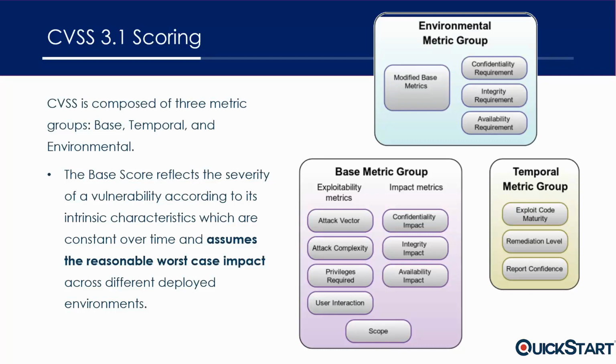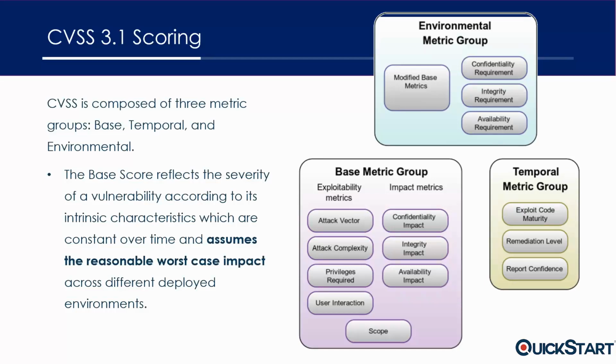And what you need to do is get a base score first. What is the base vulnerability score for this vulnerability that has been identified? And then you lay on top of that your next scoring group, right? So you'll start with one scoring group, which is your base group.